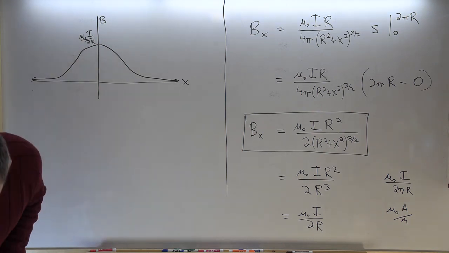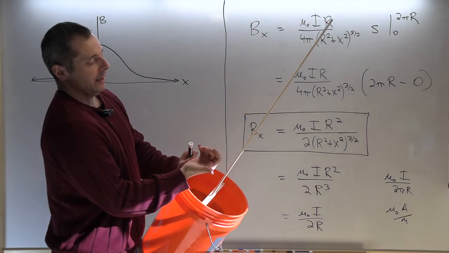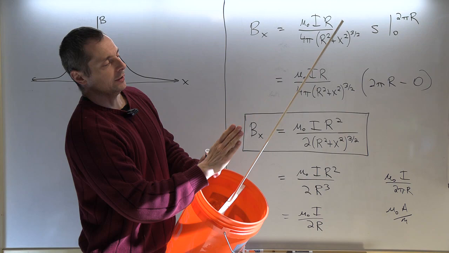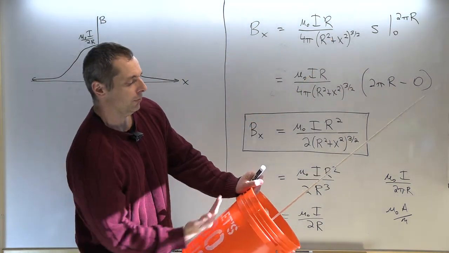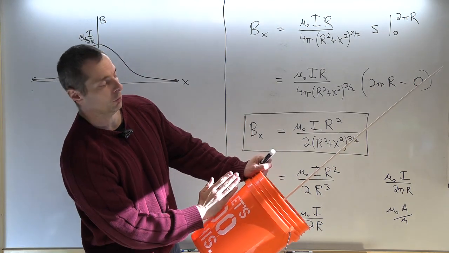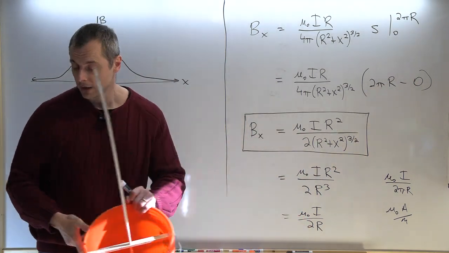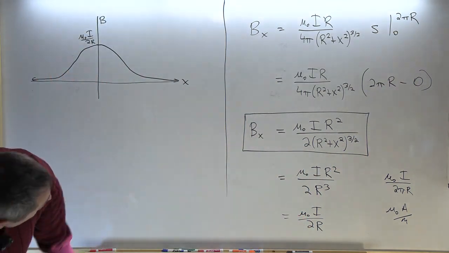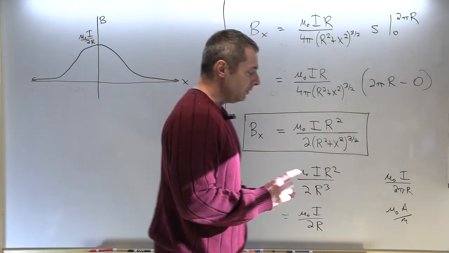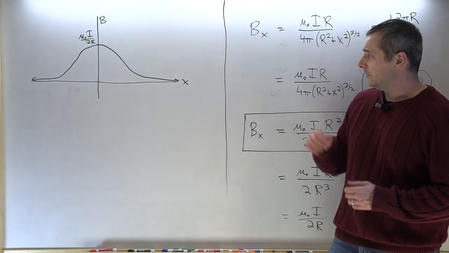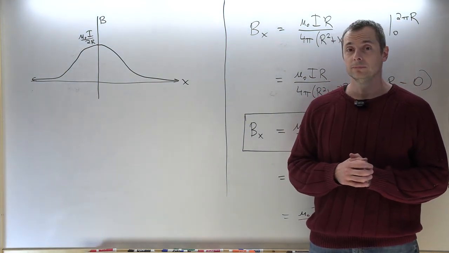You can also figure that out from the right-hand rule, that if you did the magnetic field up here, it points like this with a component away. If you did it down here, you would see that it also points in the same direction, back towards the center of the hoop. So you could figure that out from the formula or the right-hand rule that this is a mirror image over here. So I'll create a pause to give you a chance to sketch that graph.